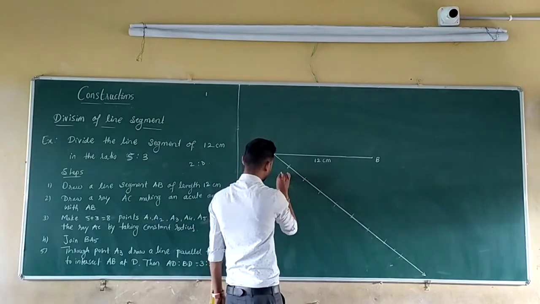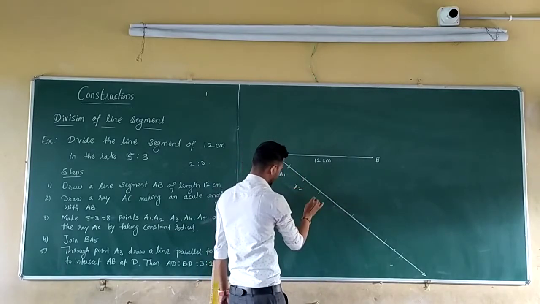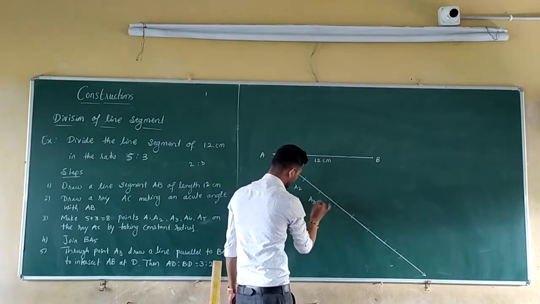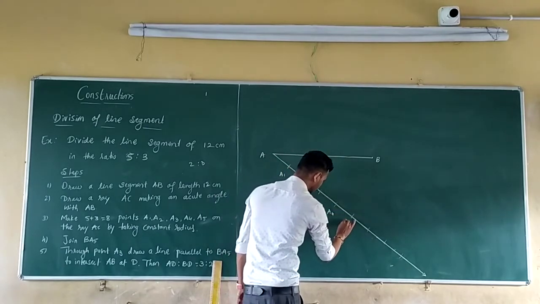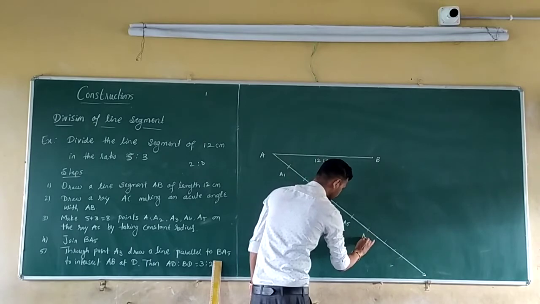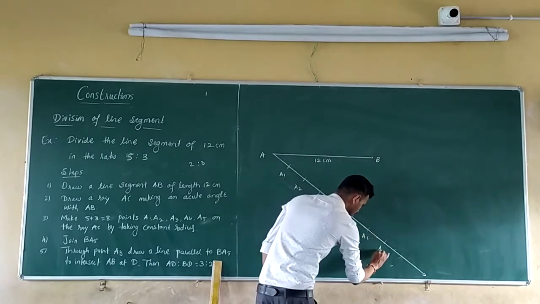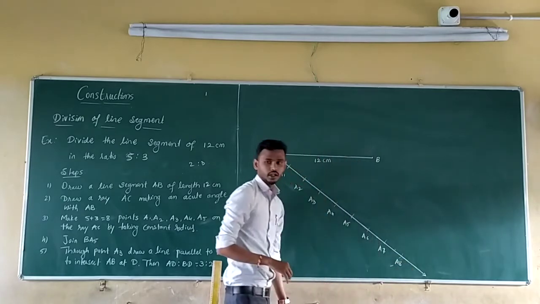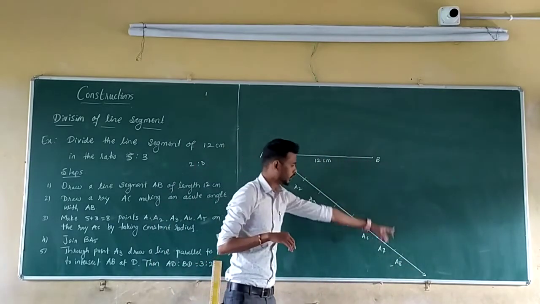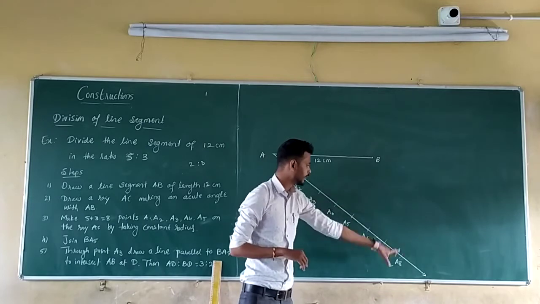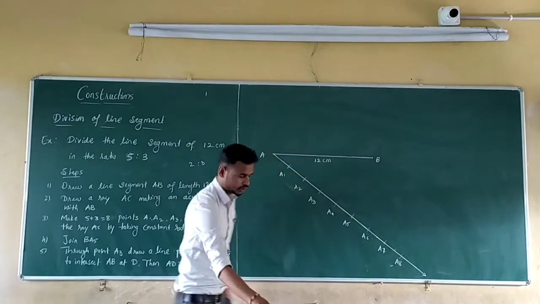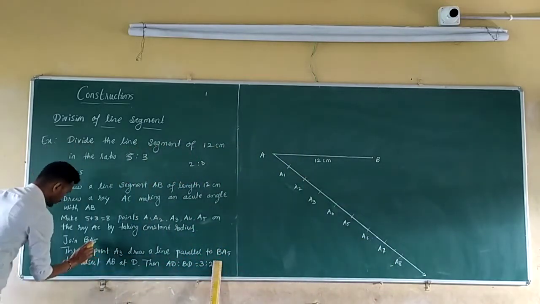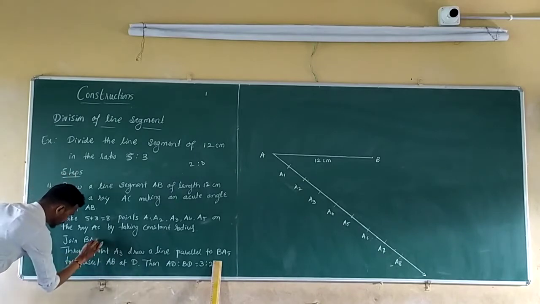That is A1, A2, A3, A4, A5, A6, and so on. This is A1 and this is A. Now join B to the last point, that is join BA8. Join BA8.